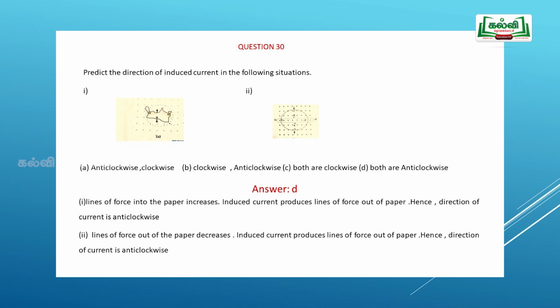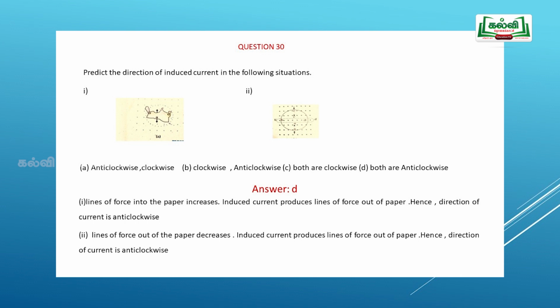This is based on Lenz law. Here the area is increasing, right? Then the lines of force into the paper is increasing. So induced current should oppose. You should produce lines of force out of the paper. For it to produce lines of force out of the paper, how should it be? Anti-clockwise. Only if the current is anti-clockwise, if you keep the thumb, then the lines of force will be coming out of the paper. Just imagine and see, right, it will be coming out of the paper.